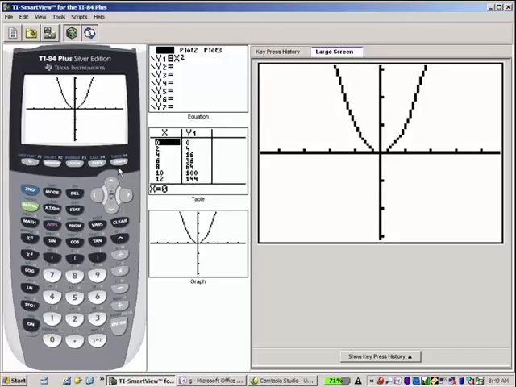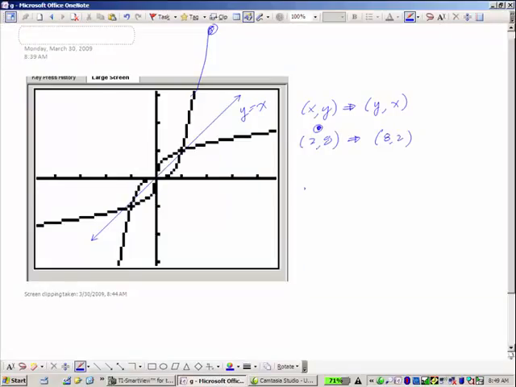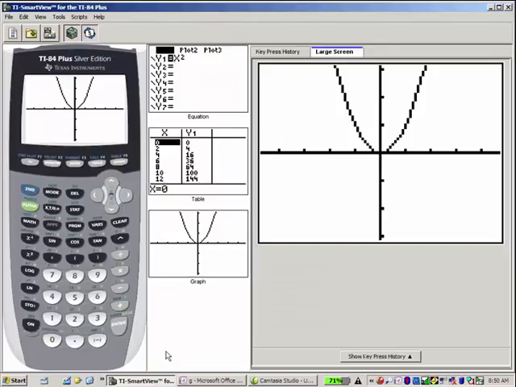We have a special word for functions that have inverses. We say they're invertible. So back to here, we say x cubed is invertible, and all that means is it has an inverse. X squared is not invertible. You can draw the inverse relation, you can draw a picture of it, but it's not a function, so it's not invertible.